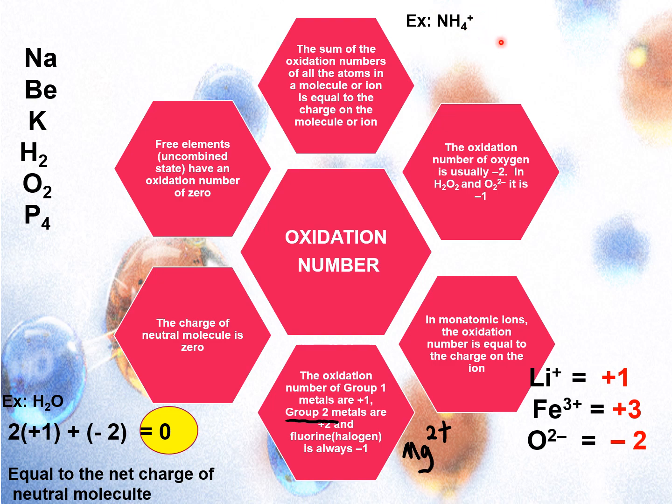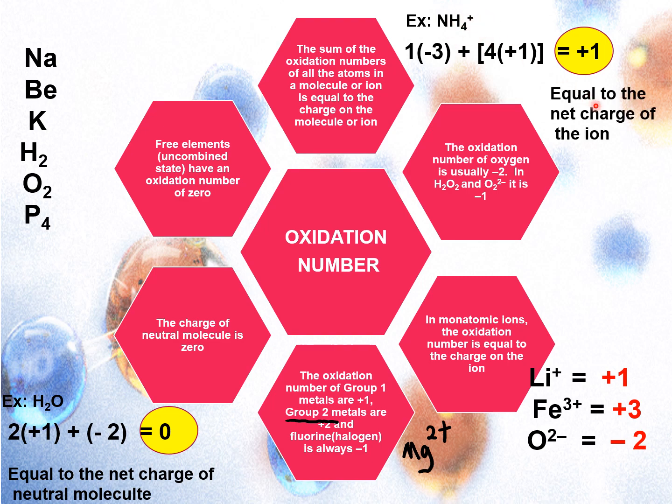To calculate: 1 mole of negative 3 for nitrogen plus 4 moles of positive 1 for hydrogen. Negative 3 plus 4 is equal to positive 1, so the total equals the charge stated in the formula.